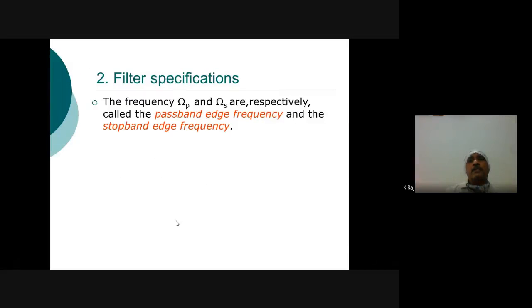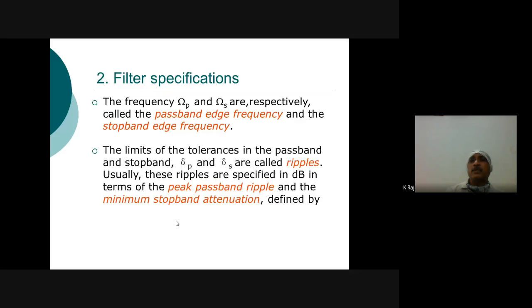Now the passband frequency omega p and the stop band frequency omega s are respectively called the passband edge frequency and the stop band edge frequency, or we can just call them passband and stop band frequencies.